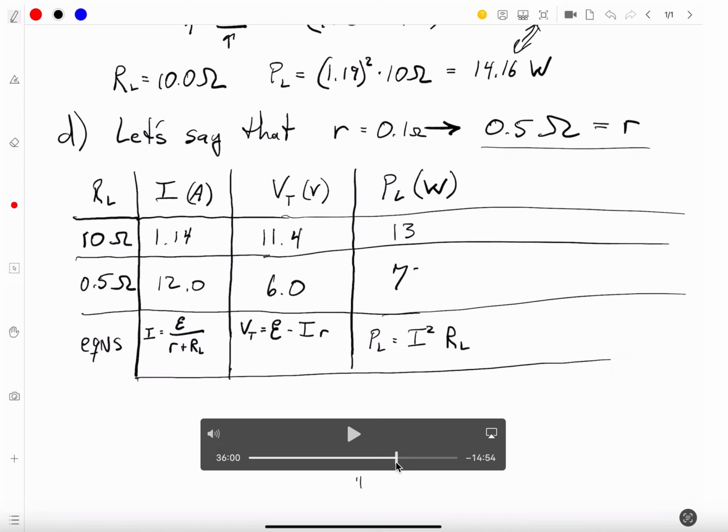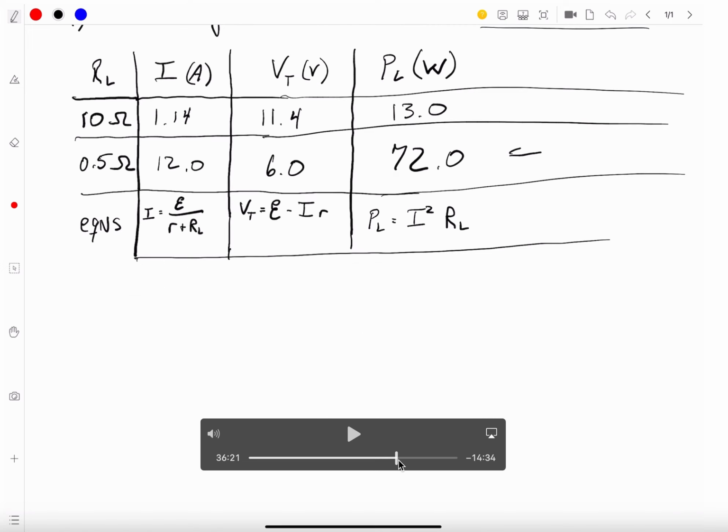I'm going to look for the current through them with this new internal resistance of 0.5 ohms, which happens to be the same as the load on one of them. And the terminal voltage, we're going to look for that, and we're going to look for the power loss across the load. So here's what we get. And I wrote down the equations for each, right?